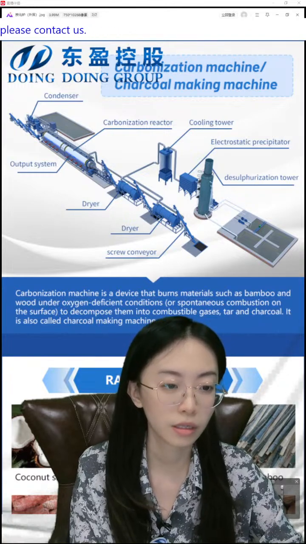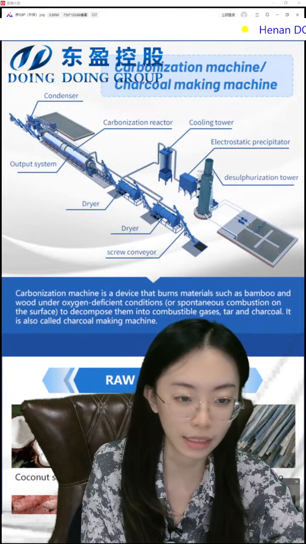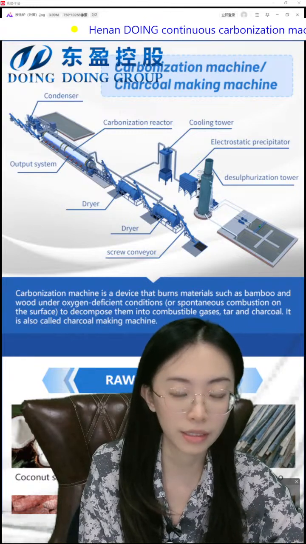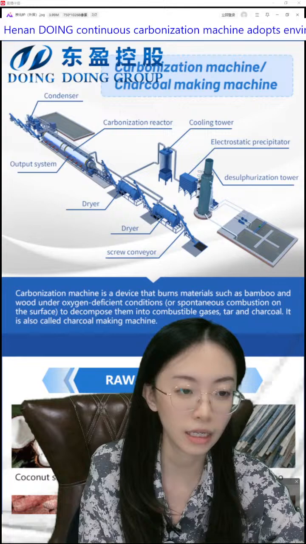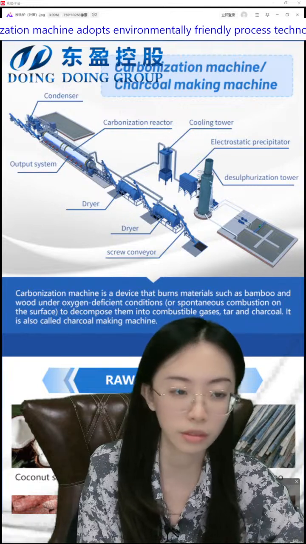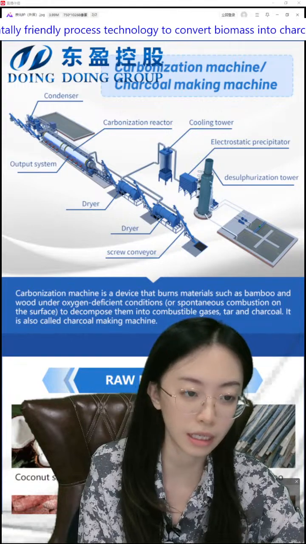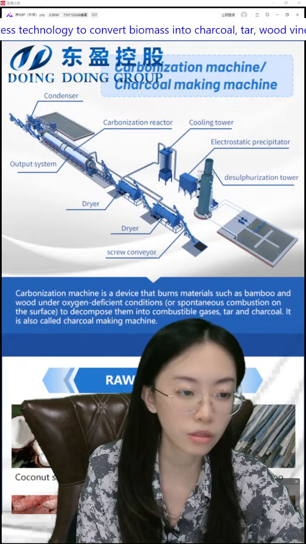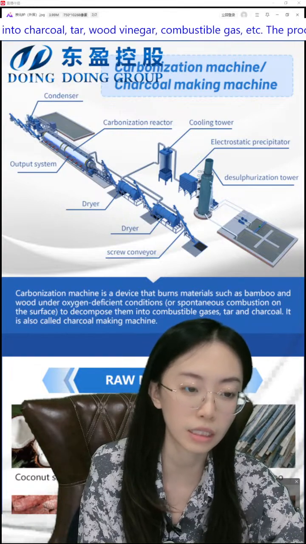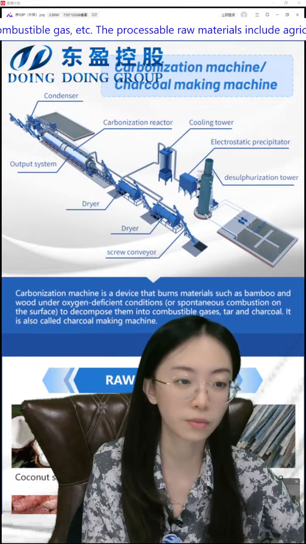What is our machine used for? The raw material is this kind of biomass. By charring biomass, we can not only efficiently reduce the pollution of waste in the environment, since we can't just throw it away randomly or burn it because of policy, but we can also turn it into valuable resources.